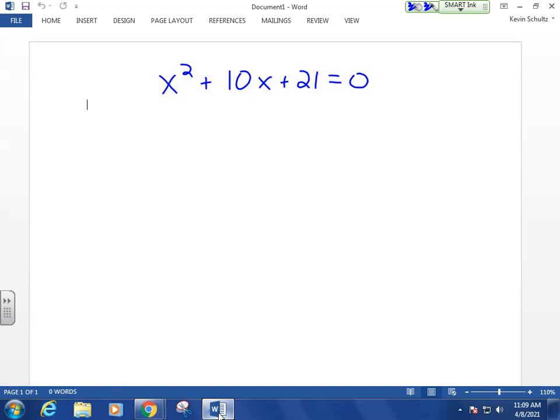Keeping in mind, the coefficient of x squared is just a 1, so you don't have to do that 7-step process that we talked about in PO50. It's really just steps 2 and 3. You're looking for two numbers that multiply to equal our constant 21, and those same two numbers add to equal our middle term 10. So go ahead and take a minute to factor this.